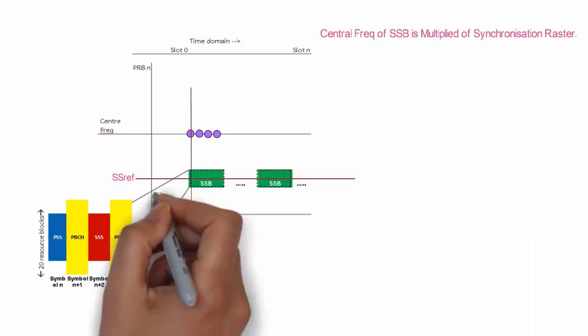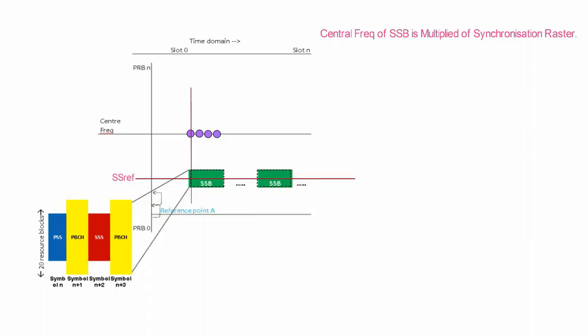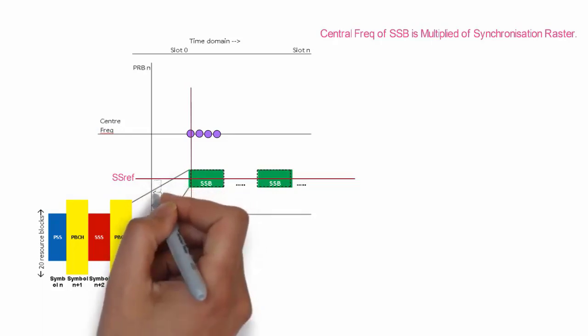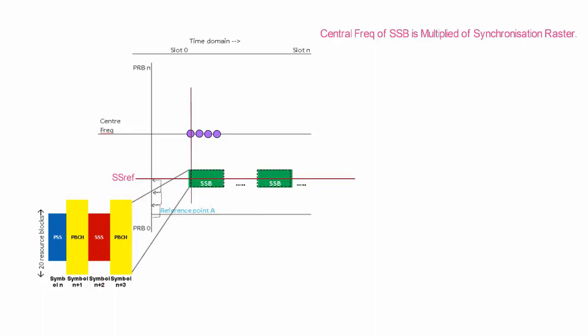SSB exists in frequency and time domain at multiples of the synchronization raster size, so if we know the width and the formula, then we can calculate it and search the SSB location. The position of the SSB synchronization signal is variable and doesn't necessarily have to be placed at the center frequency. It is not necessary that SSB is at the central frequency, it can be anywhere in frequency and time domain location.